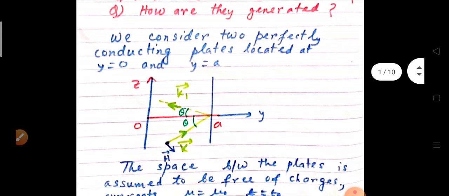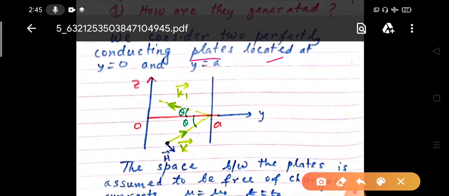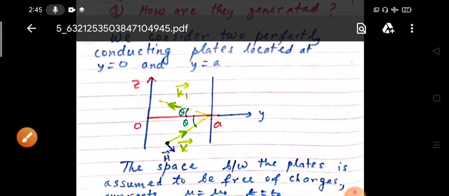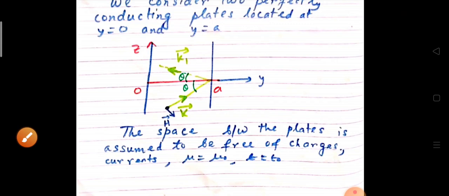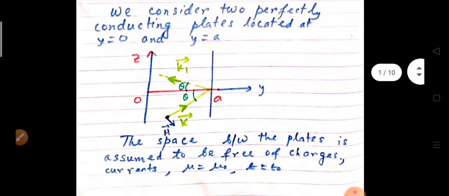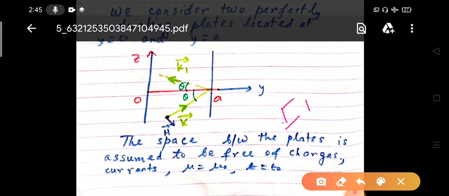We shall consider two perfectly conducting plates, suppose one located at y equals 0 and the other at y equals a. Now you are assuming an electromagnetic wave, so you have to define the direction of the electric field and the direction of the magnetic field.